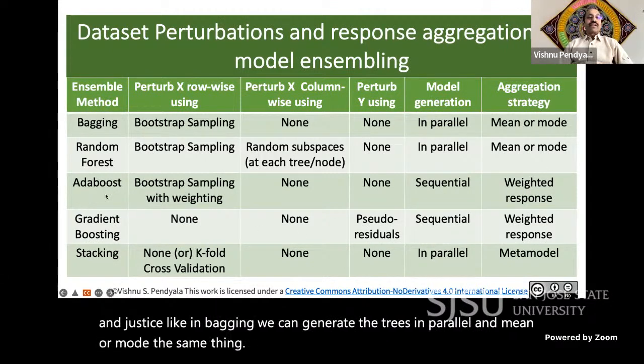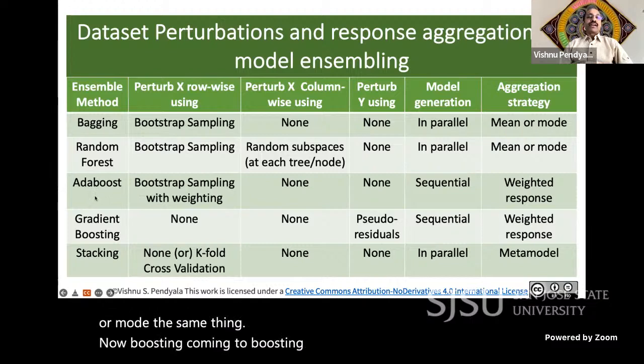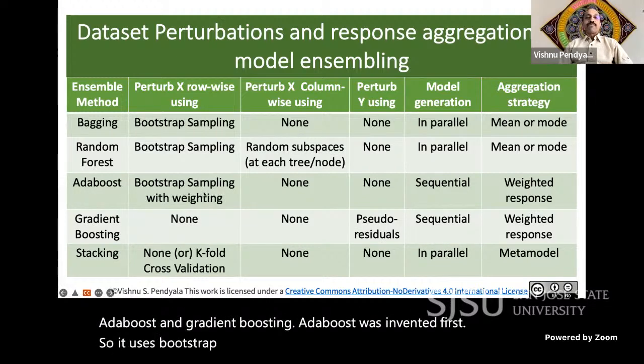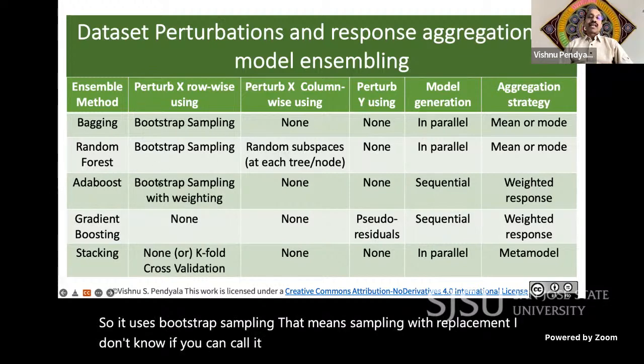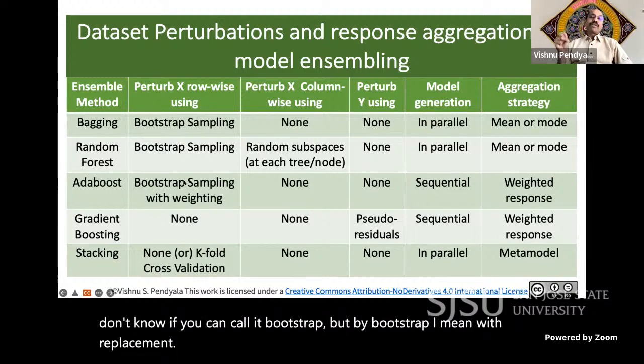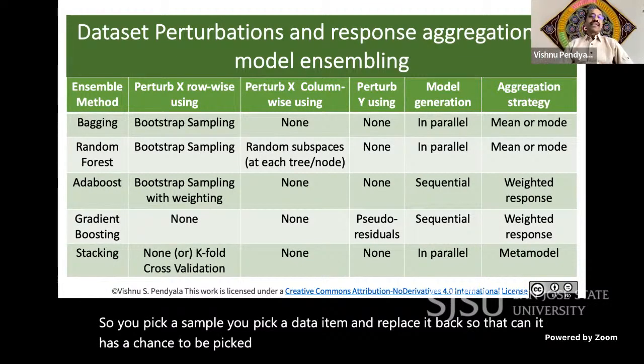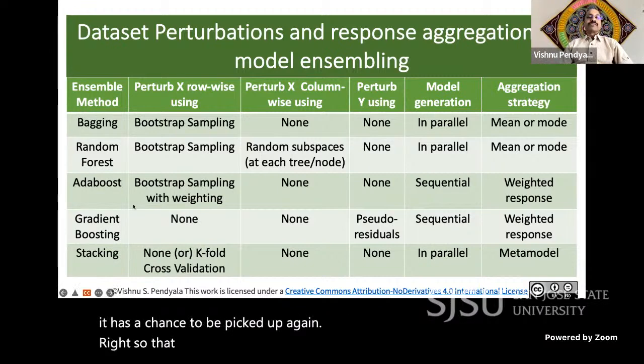Now coming to boosting, the two popular algorithms are Adaboost and gradient boosting. Adaboost was invented first. It uses bootstrap sampling, that means sampling with replacement. I don't know if you can call it bootstrap, but by bootstrap, I mean with replacement. So you pick a data item and replace it back so that it has a chance to be picked up again, right? That is bootstrap sampling.